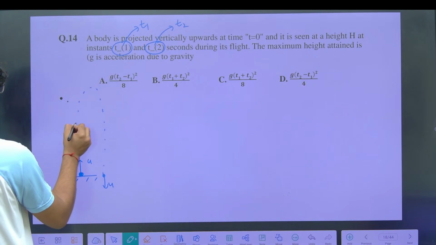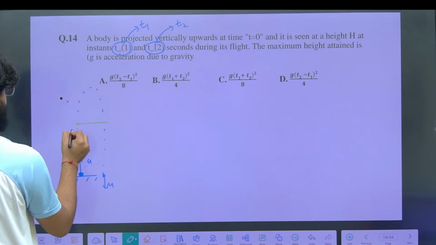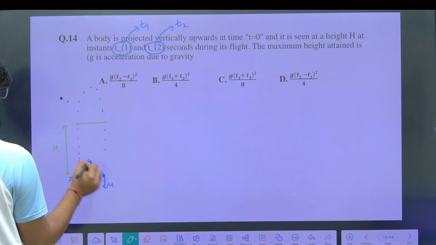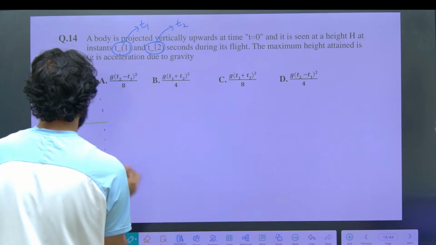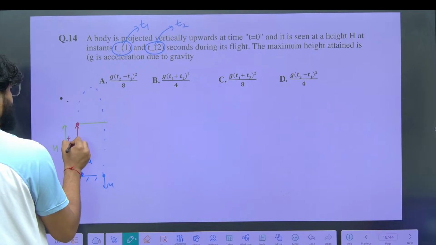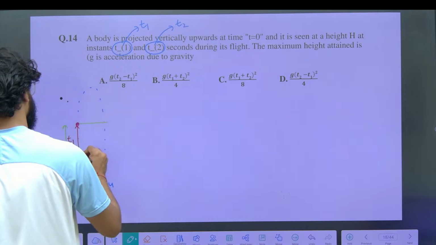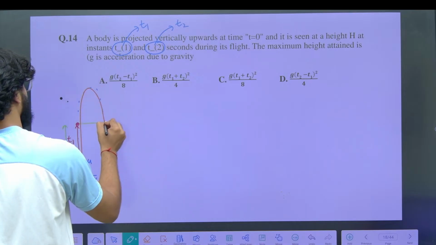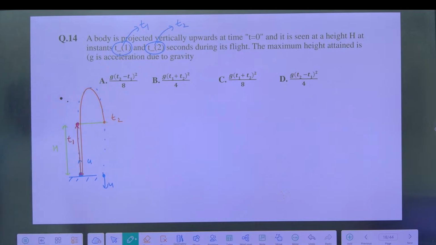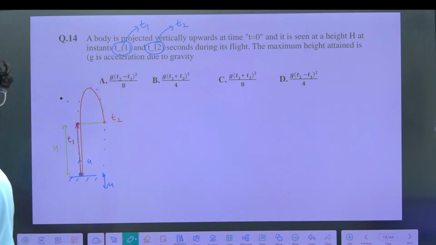Okay, so let's say this is h. At some time t1 you are at h, and at some time t2 again you are at h. Okay, so they want us to calculate the value of h max.